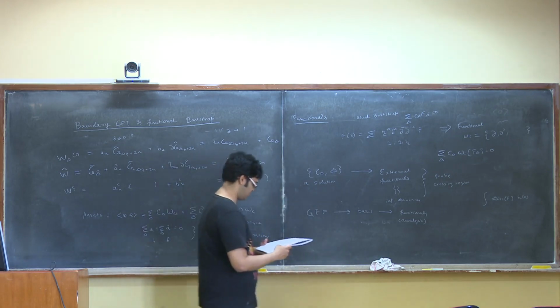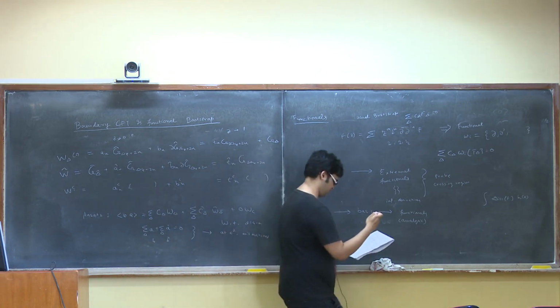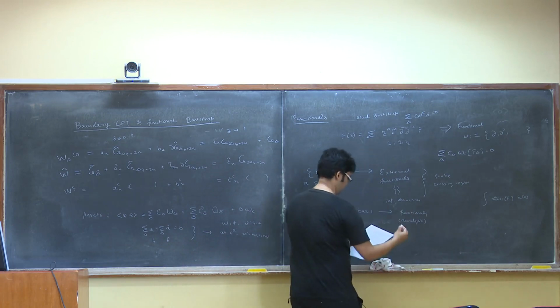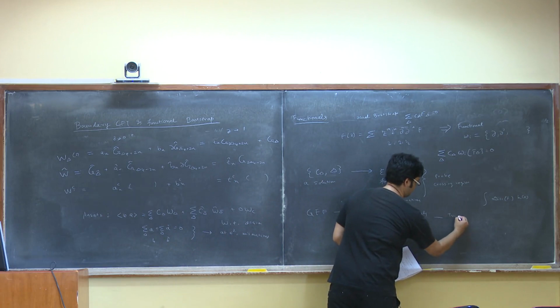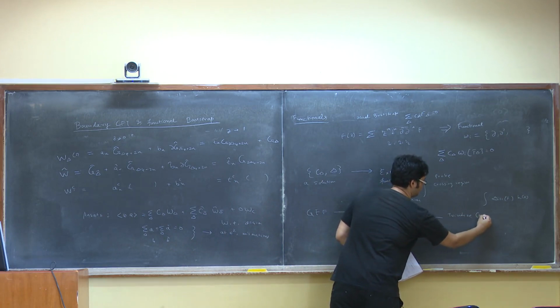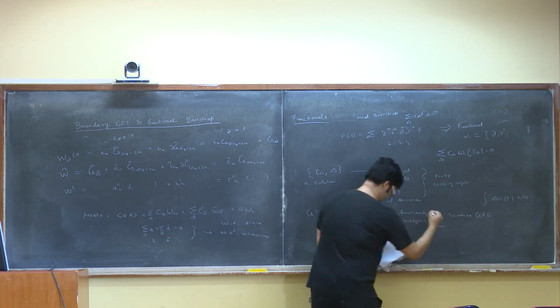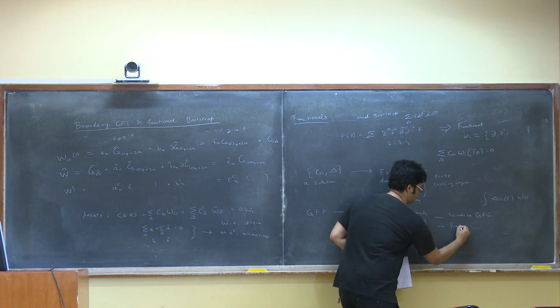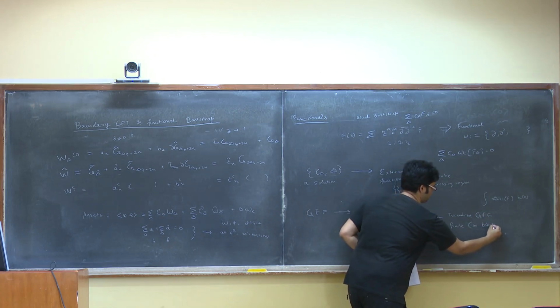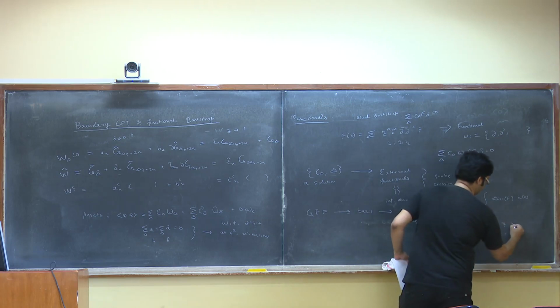So let me also mention some properties of the analytic functionals. They have the following properties. They have to trivialize the GFF. They have to be finite on blocks and correlators.